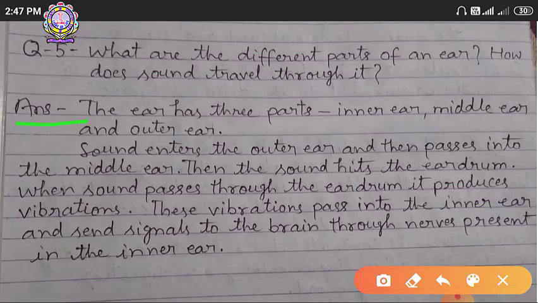And the answer is, the ear has three parts: inner ear, middle ear, and outer ear. These are the three parts of our ear.